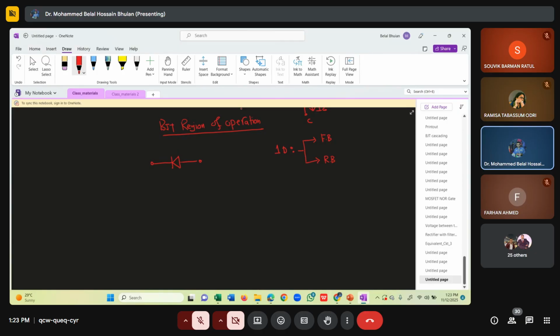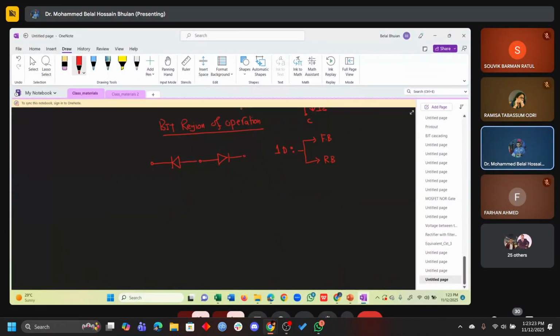But if you have another diode connected back to back like this, I call one of them EBJ and another one CBJ, and I want to bias the two junctions at the same time by two separate voltage sources.